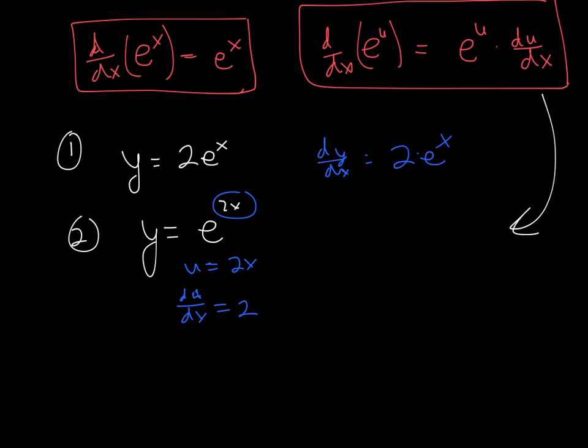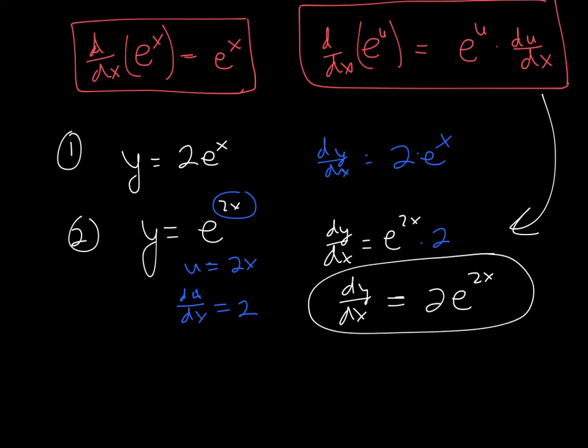So when I have my chain rule kicking in, dy dx equals e to the u, so that's e to the 2x, it doesn't change, it's exactly what I had for my function, times du dx, and du dx is 2 in this case, so times 2. Normally, of course, we write that as dy dx equals 2 times e to the 2x and put that 2 out front, just because that looks a little bit better to us.